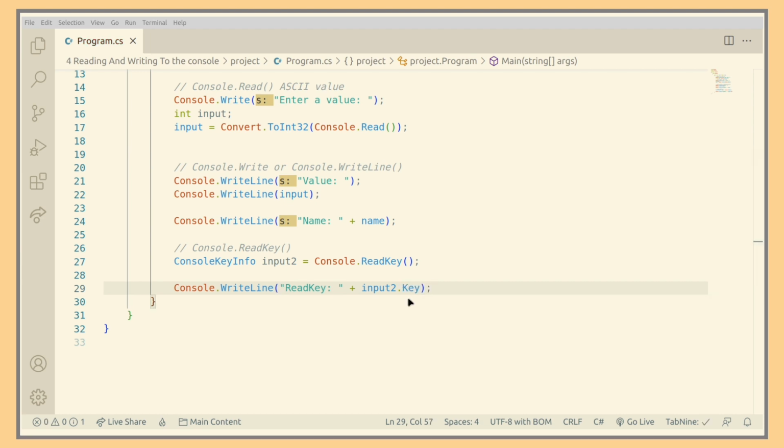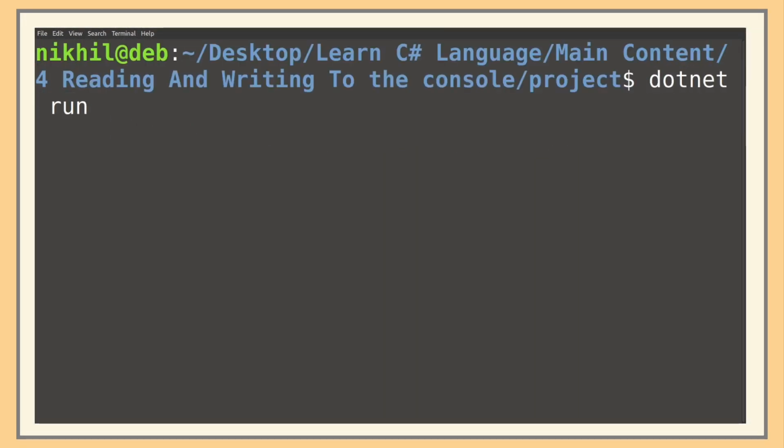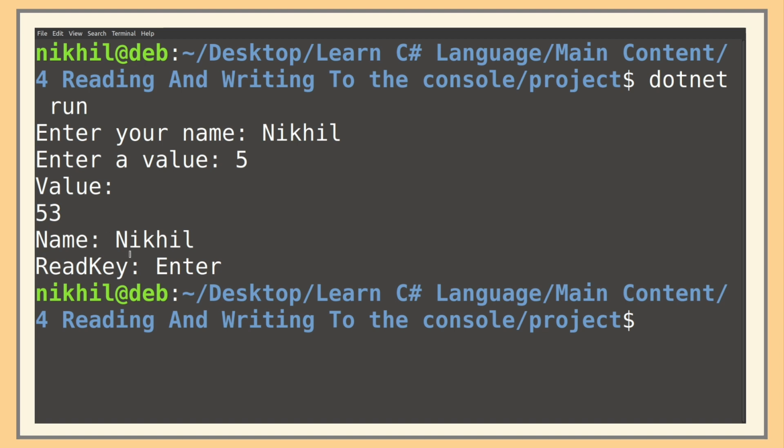Now we will go to our terminal and then just print the values. dotnet run. Now you can see, if I enter my name and then a value, and then at last I have pressed the enter key, so it printed Enter, right?